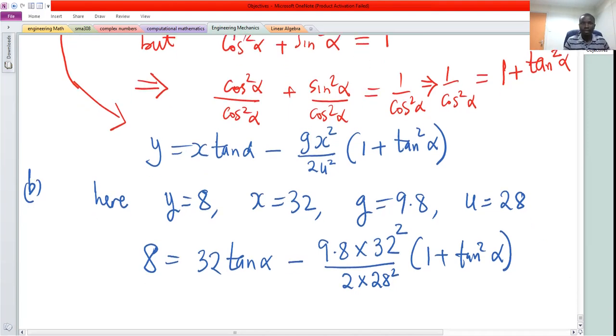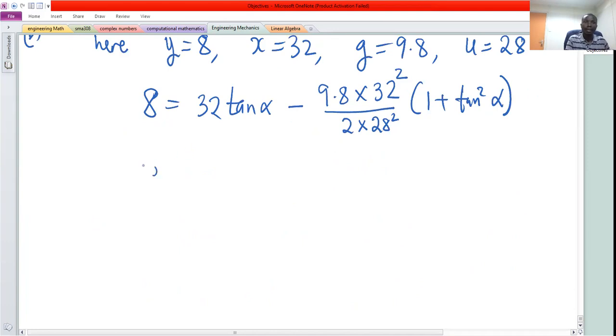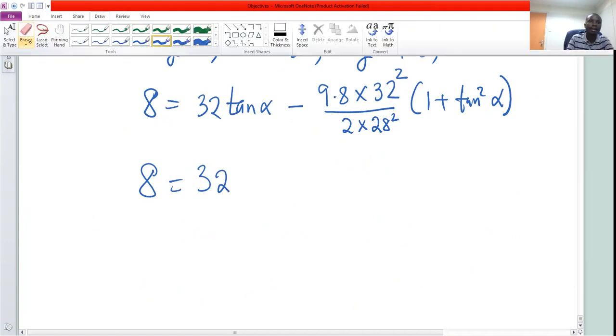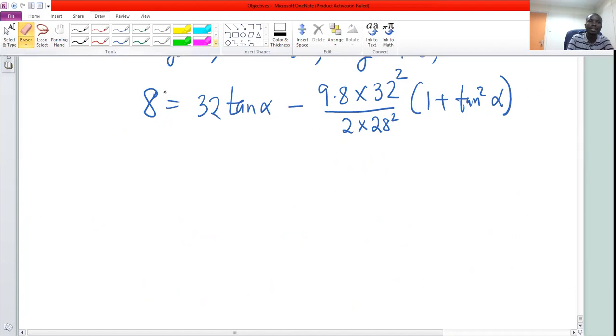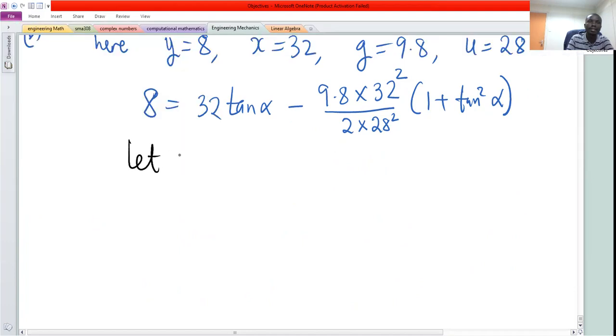So let's simplify this. To make our life easier, we can fix tan alpha to be a given letter. So for convenience, let T be tan alpha.